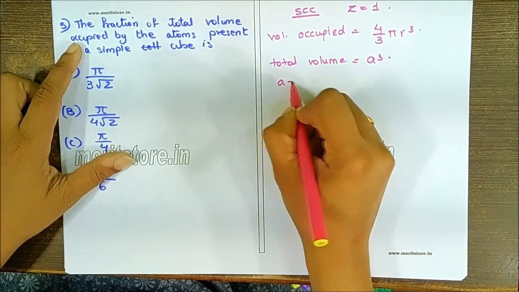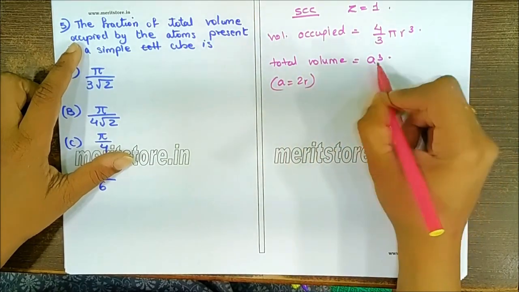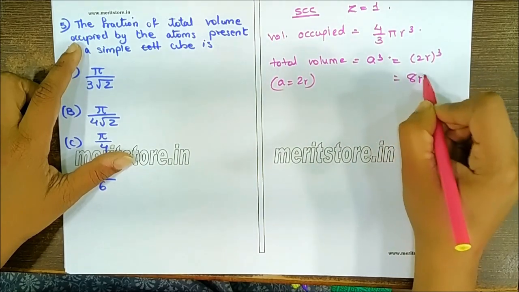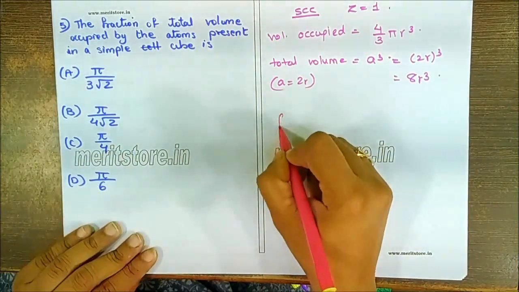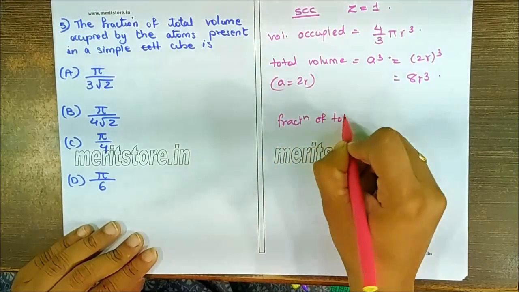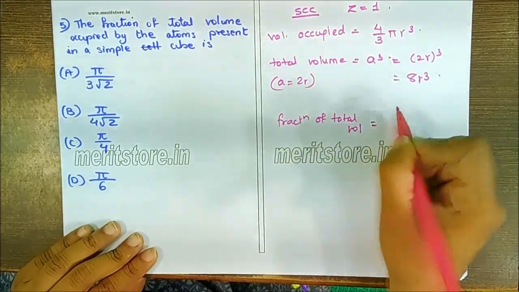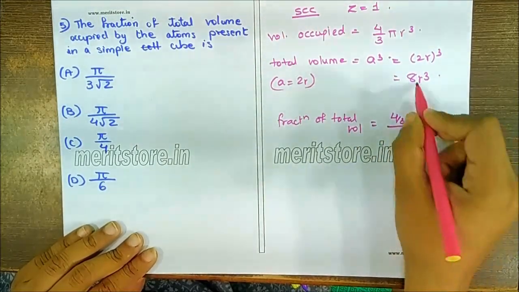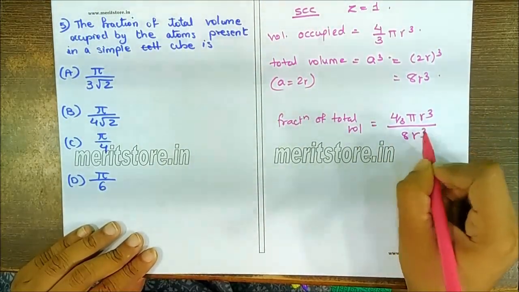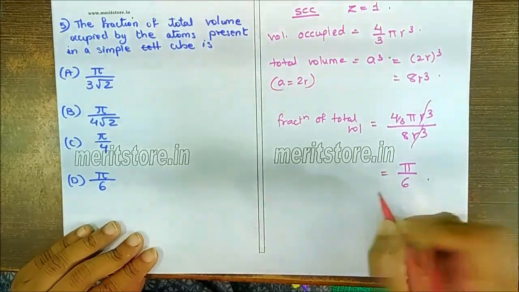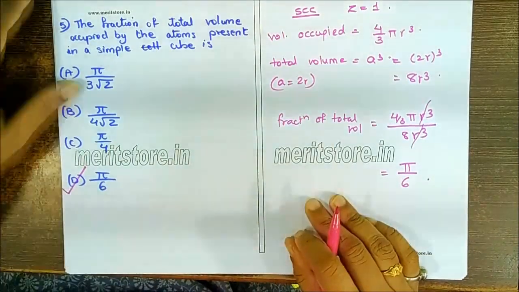But for SCC, a is equal to 2r. If we substitute, this is 2r cube, so that will be 8r cube. So the fraction of the total volume occupied will be 4 by 3 pi r cube, that's volume occupied, divided by total volume, 8r cube. r cube cancels here. So the answer is pi by 6. Option D.